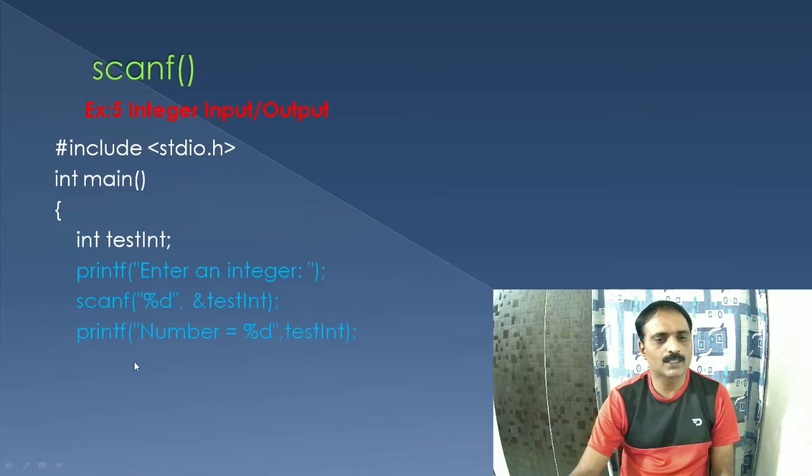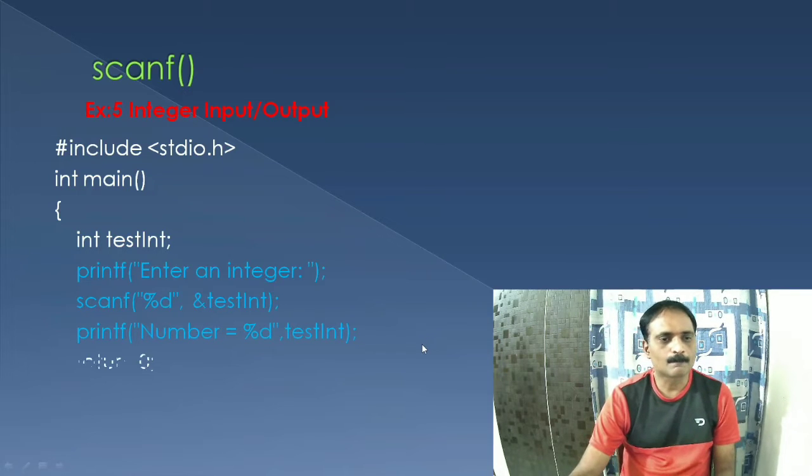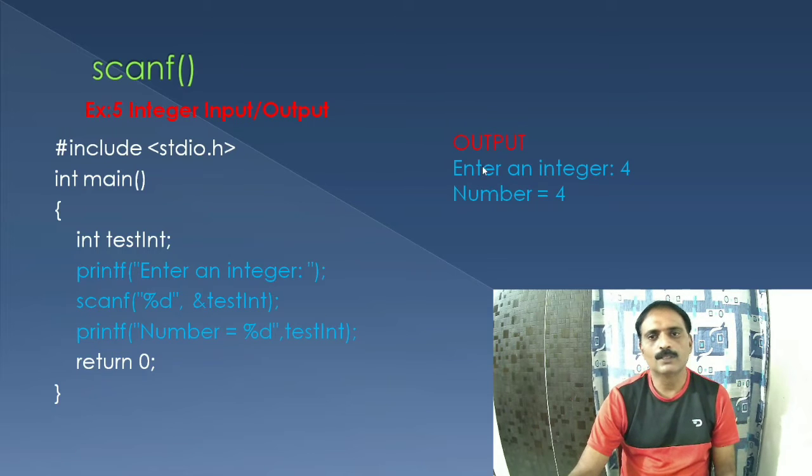So we are going to get the output as number is equal to testInt. If we give testInt as 20, we are going to get the output as number is equal to 20, like that. So here, enter an integer. We have entered an integer 4 here. So obviously we have got the output as number is equal to 4.